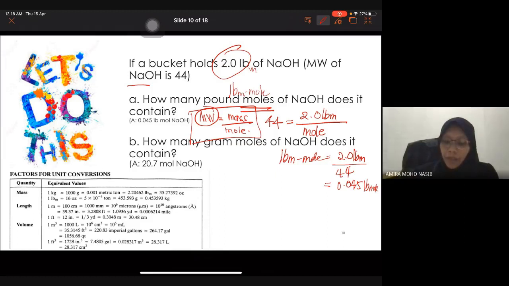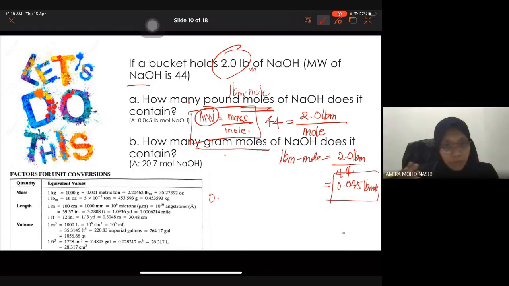Okay, and for B, how many gram moles of sodium hydroxide does it contain? So they are talking about grams. They want the answer in gram. For the first one, they want the answer in pound mole, so the next one is gram. So basically, you use this one and convert back to gram.